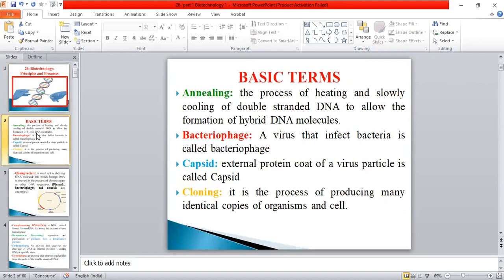Already you know that each and every organism is made up of cells. Each and every cell contains accessory organs. There is a center, the nucleus.